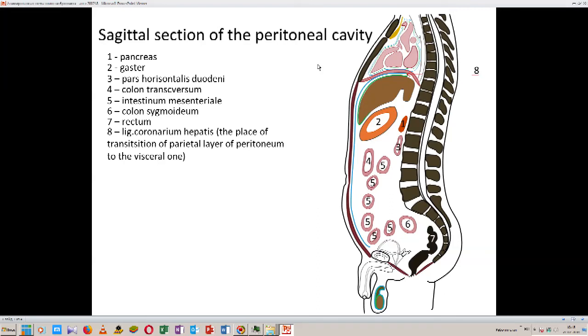Then we shall continue our green line here. This is the visceral surface of the liver. So this sheet also is visceral peritoneum, peritoneum viscerale, and this place is the place of porta hepatis.